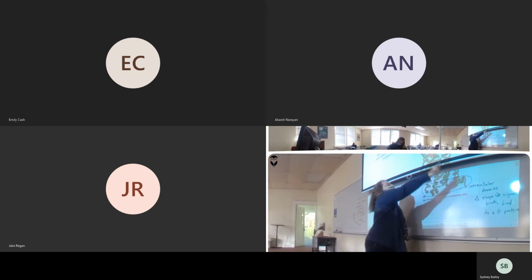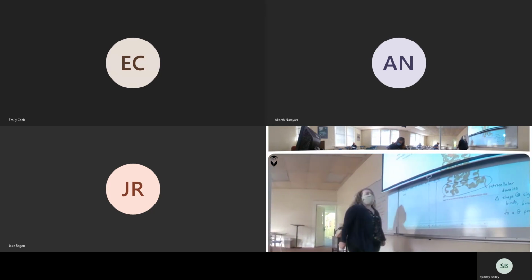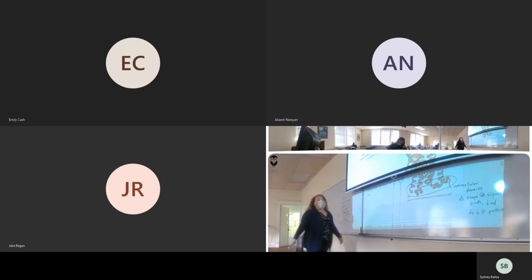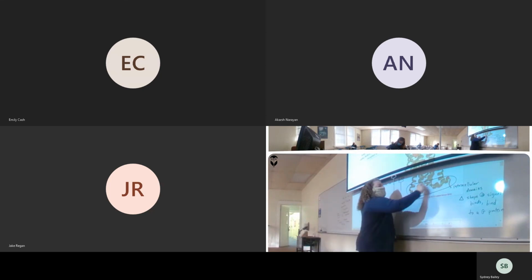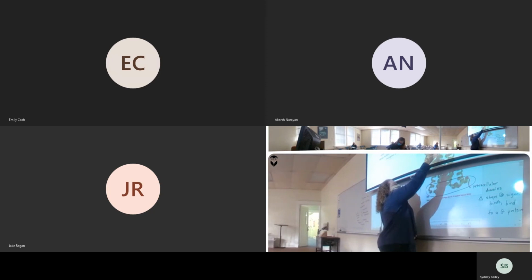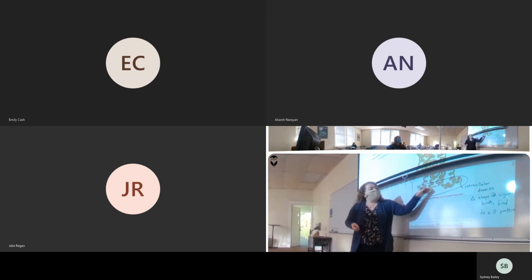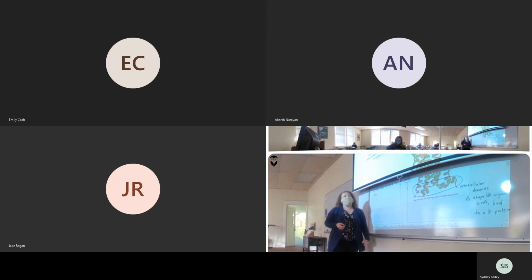So the transmembrane segments for these are kind of the same in the family, but they would have slightly different shapes interior, slightly different shapes exterior that let them bind the signal and then transmit that information.